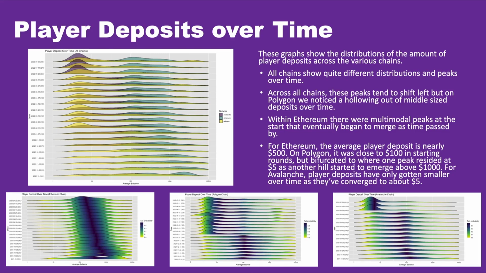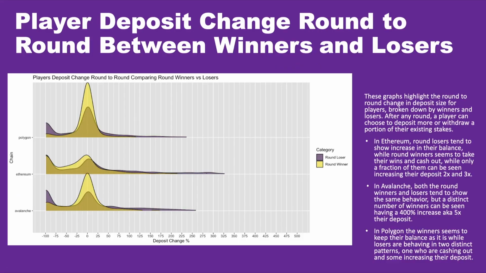Whereas with Ethereum, for example, there are multimodal peaks at the start that eventually merge as time passes. So the deposit distribution differs across the chains as a function of time, and it's interesting that it's so different.